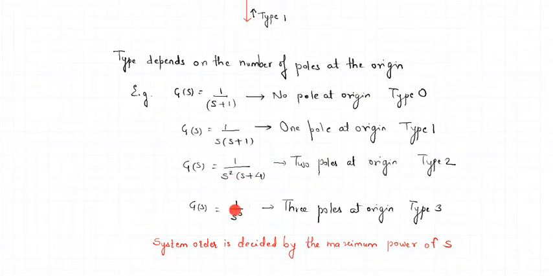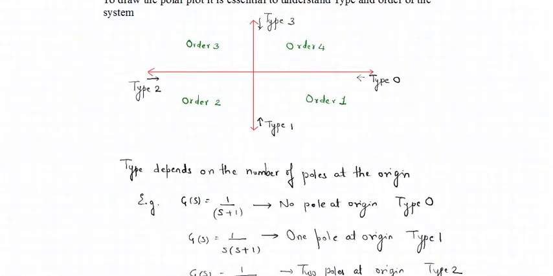Right. So, with this understanding of type and order of the system, this particular figure is just a guideline for us of how the polar plot would be drawn. Okay, so what is the significance of type and order? Type indicates where the polar plot starts and order indicates where the polar plot ends.